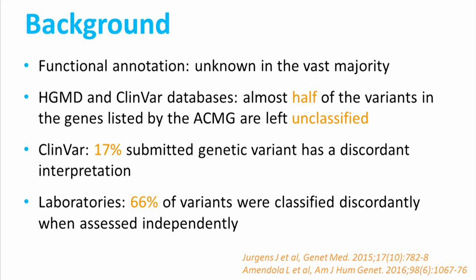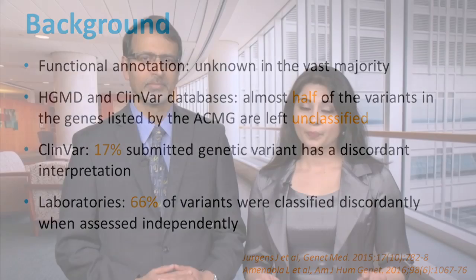17% of genetic variants interpreted by more than one submitter in ClinVar have a discordant interpretation. When the recommended standards and guidelines are applied, there is still a discrepancy in interpreting variant pathogenicity among genetic laboratories. These findings reinforce the need for a standardized disease gene-specific quantitative approach to variant classification.